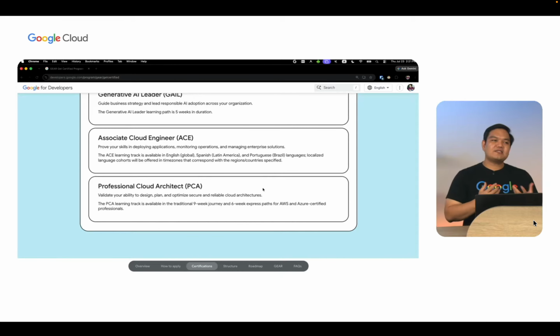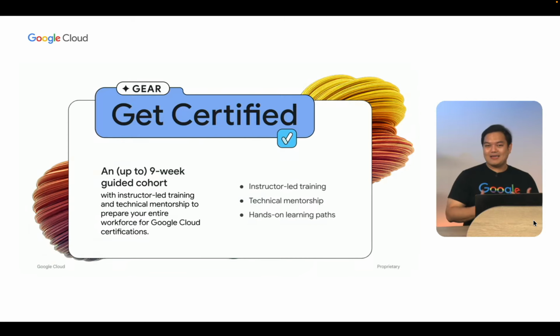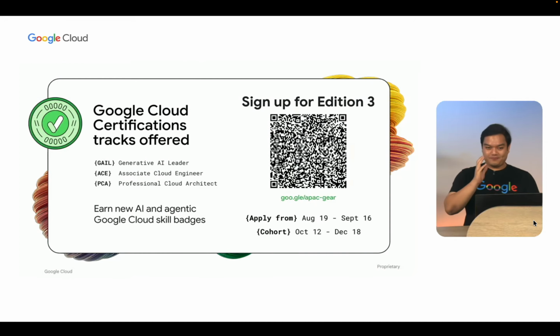So the first thing, we talked about the Get Certified program where you have 9 weeks of guided learning. If you want to sign up for the program next, you can scan the QR code right here, right? Like I mentioned, it's going to open up around August, so keep your eye peeled for that.